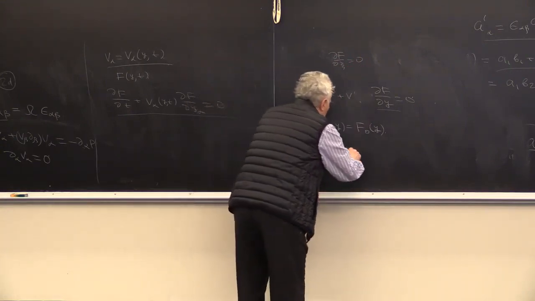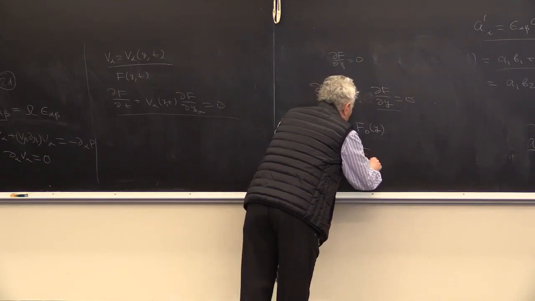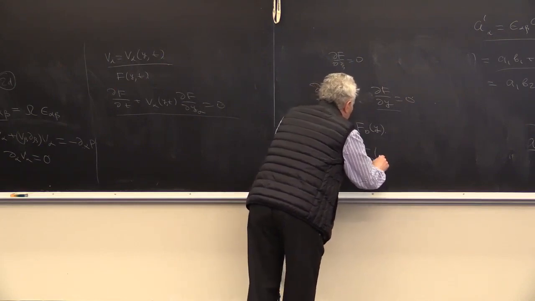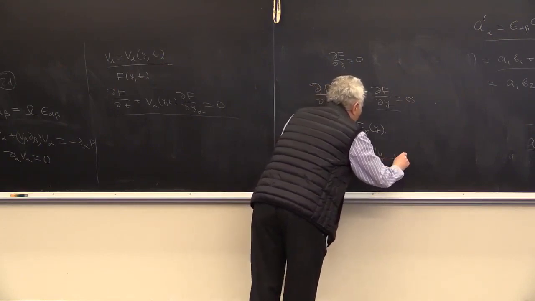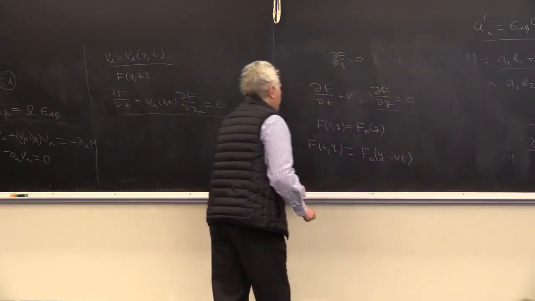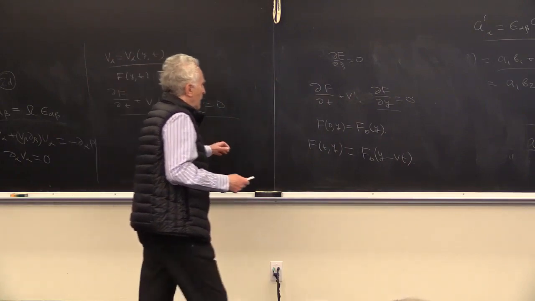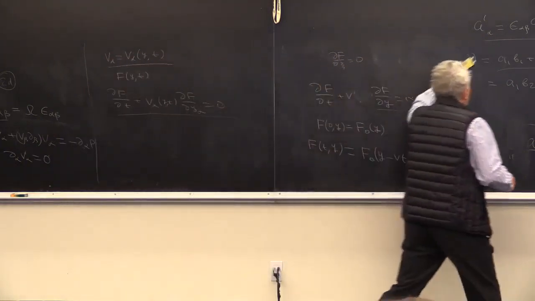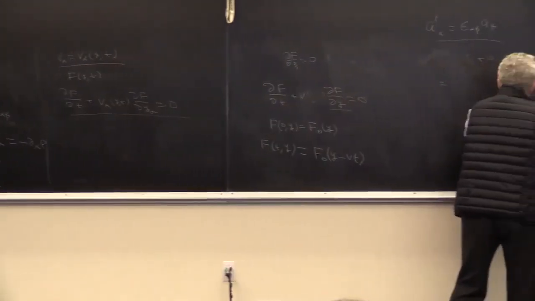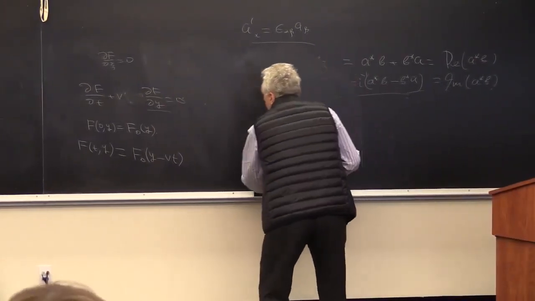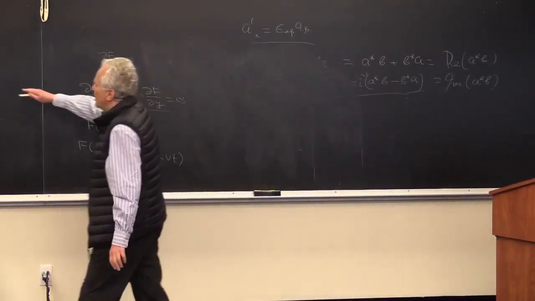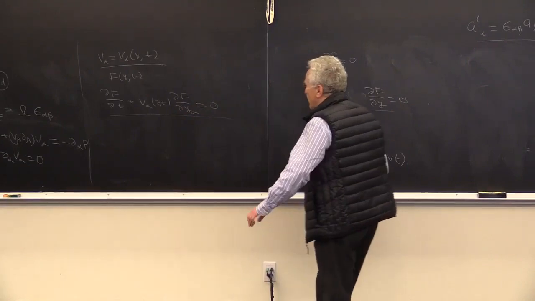I will simply write down the solution. And the solution is... Let's check that this is a solution and discuss its meaning, and then after we understand the meaning we will solve this equation.